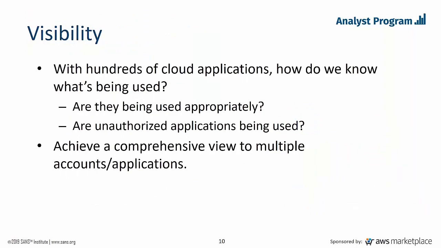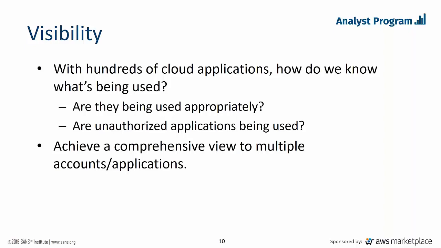And so what about the types of functionalities that a CASB gives us? Well, with literally hundreds of cloud applications, how do we know what's being used? How do we know that our data is only going to authorized storage services? Or how do we know that our cloud applications are being secured in the manner that we anticipated them to be?